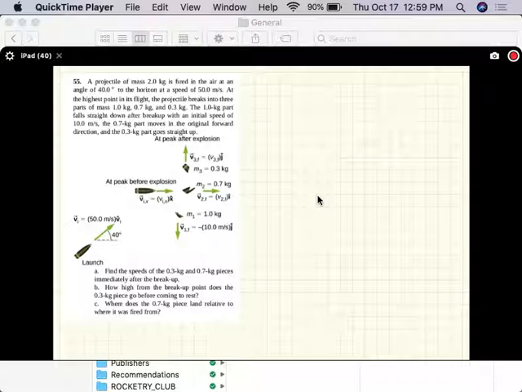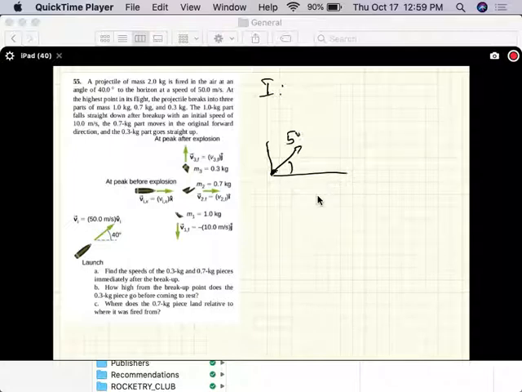All right, so what we'll do is I'll break up the problem into parts. So launch speed: the mass is 2 kg, at 50 meters per second, at 40 degrees.